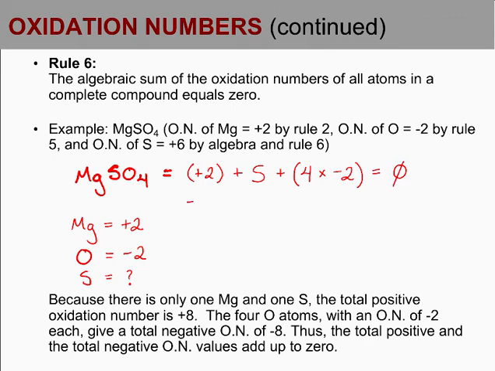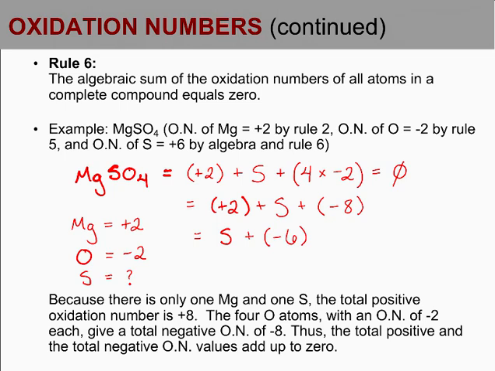All right, so let's simplify this. So we've got +2 plus S plus 4 times -2, which is -8. And if we simplify further, we have S plus -6, so that's -8 plus 2.